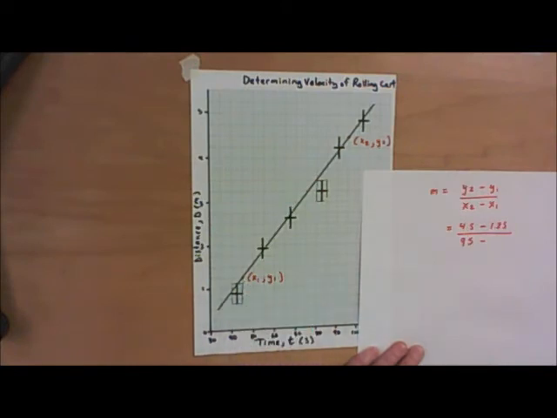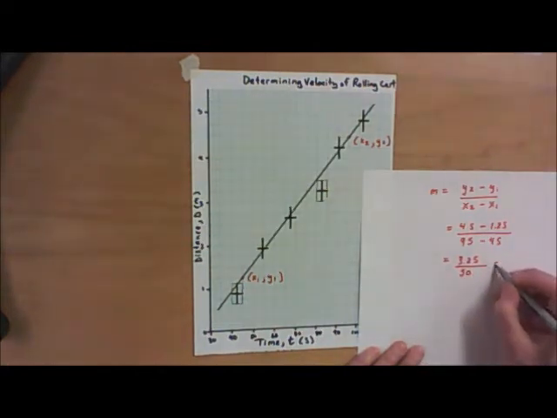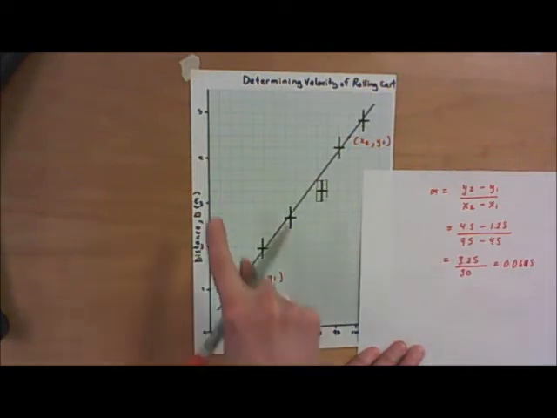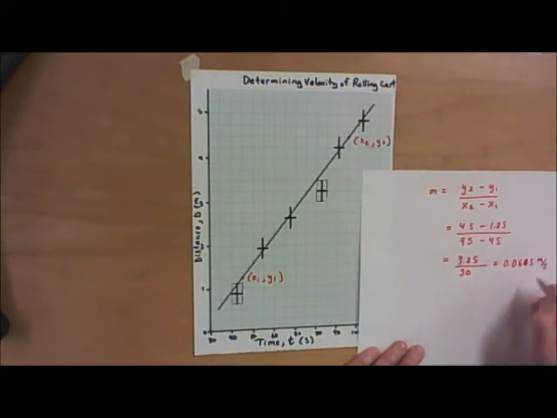And x1 is 45. So that gives me 3.25 divided by 50, or 0.065, and you should put units on it. So it's rise over run, so in this case, meters per second. So that's how you find the slope of your best fit line.